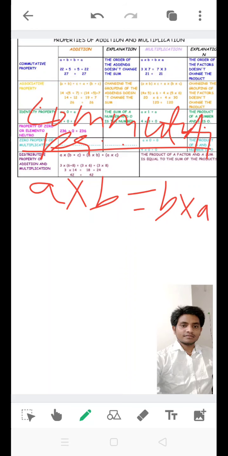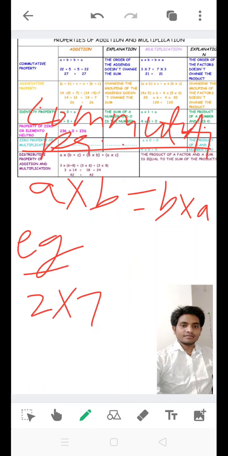Example, 2 into 7 equal to 7 into 2. Then we multiply both numbers. 2 into 7 you get 14, and 7 into 2 you get 14, both are equal. This property is known as commutative property under the operation multiplication.